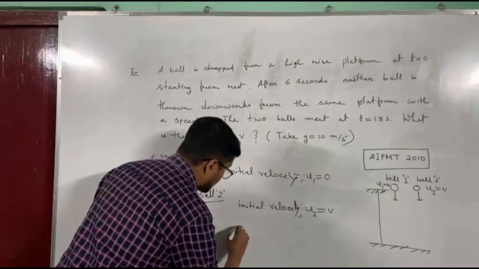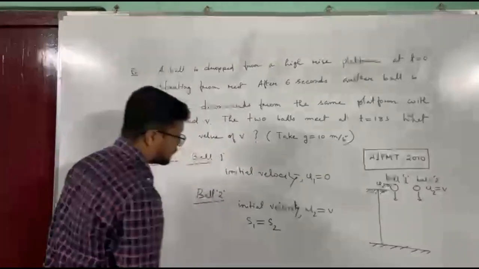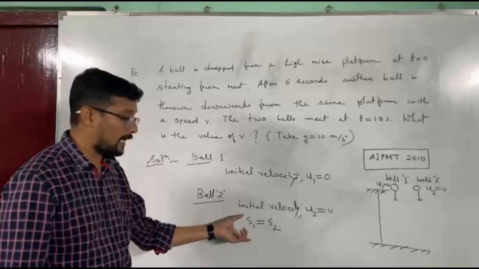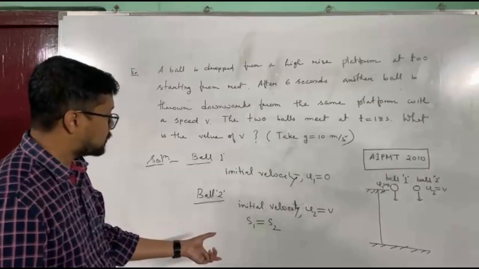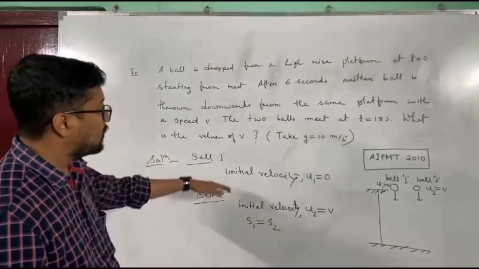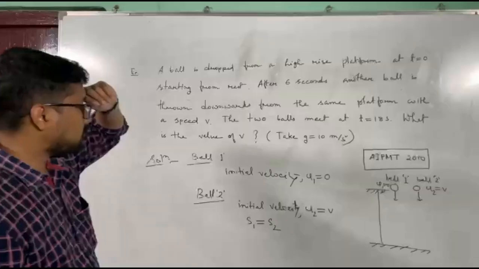That means S1 is equal to S2. The displacement covered by ball 1 and by ball 2 is going to be the same, because the two balls meet at 18 seconds.